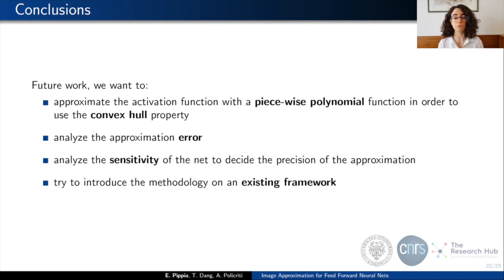So sensitivity analysis can also be useful to understand in which part of the network structure we need to focus, and maybe it can be useful to integrate this methodology in an existing framework, that could be Iran or whatever, and to include the methodology just in the neurons in which it's needed.